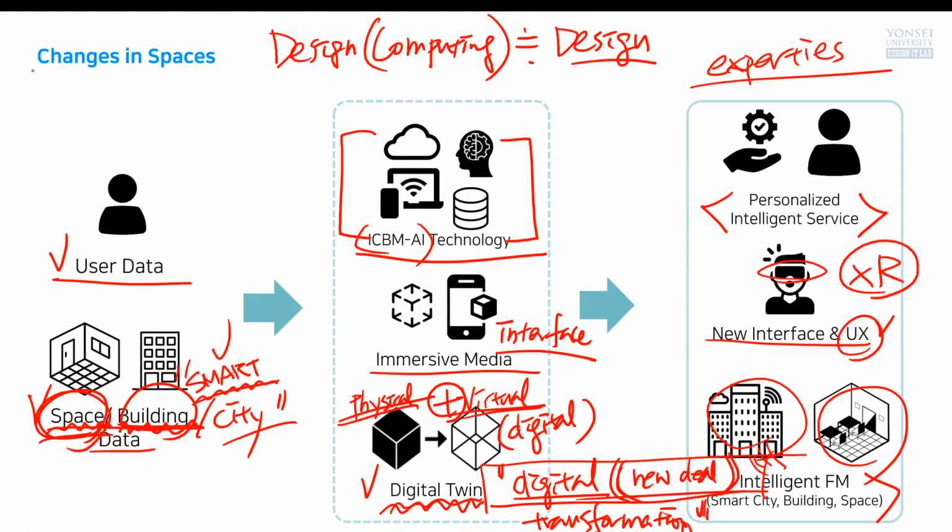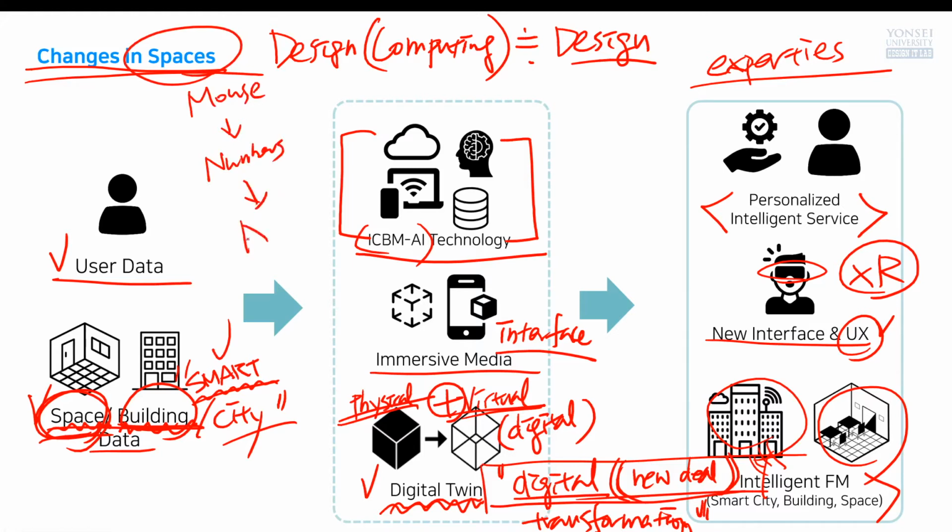So these are the changes we encounter nowadays in space, because the computing interface, as I introduced last time, moved from being designed by mouse clicks to designed by numbers and designed by AI. That is the so-called trend and change in the design domain. But what do these technologies and designs aim for? All in space.